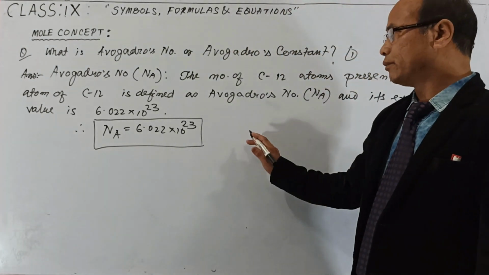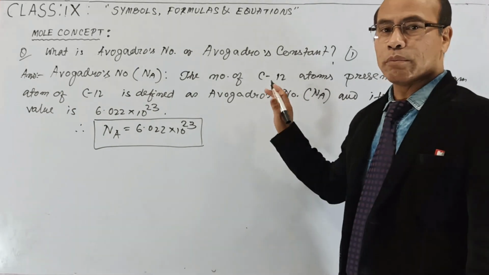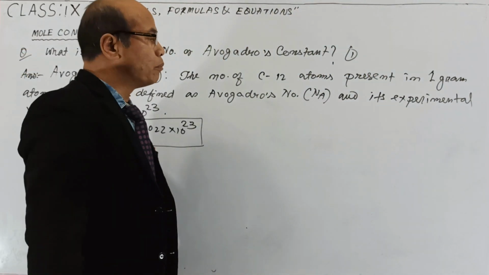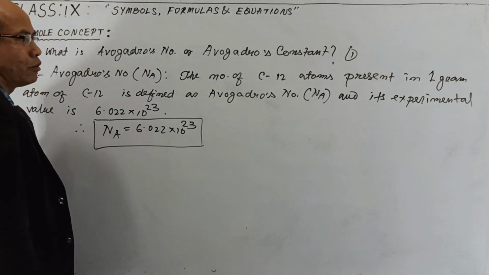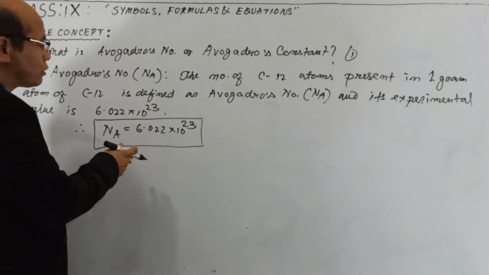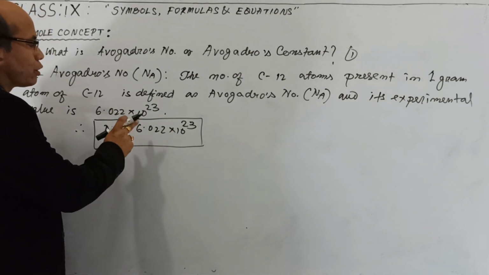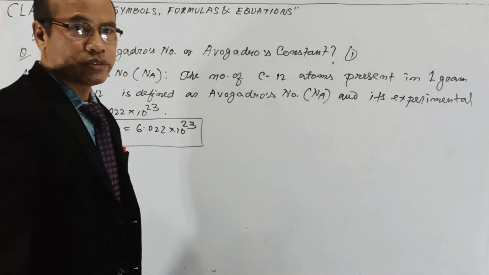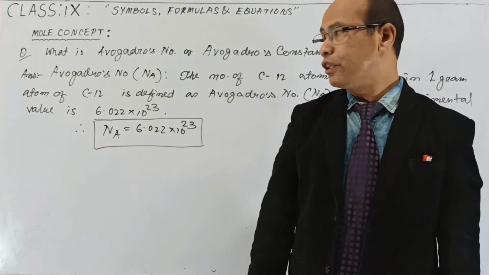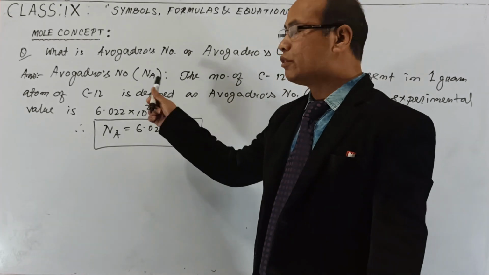So you understand, you take 1 gram atom of C12 atom and measure the number of C12 atoms present in that 1 gram of C12. Experimentally it is found that there are 6.022 × 10^23 C12 atoms in 1 gram atomic mass of C12.